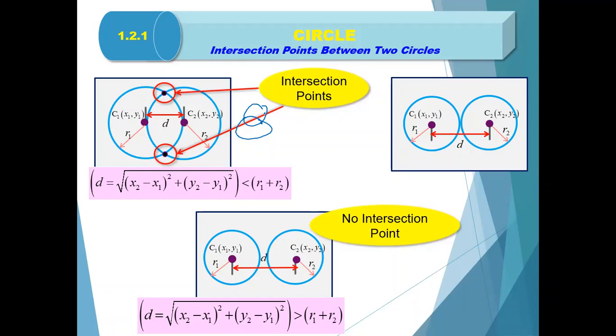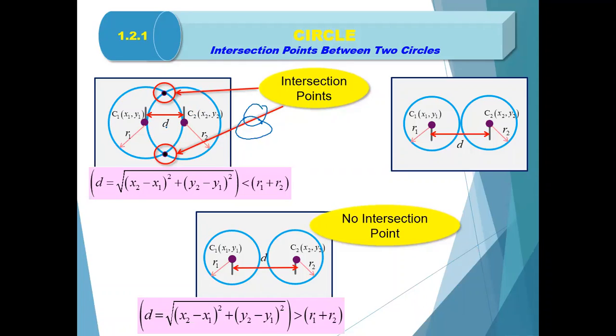So how do we recognize this? This is circle 1, let's say, and this one is circle 2. These are the centers of the circles respectively. So how to determine the distance? The distance is from the center of both circles.